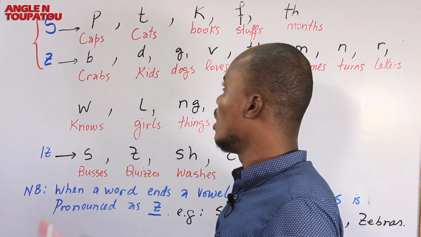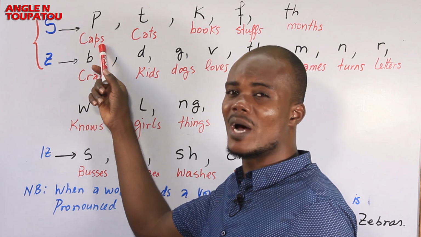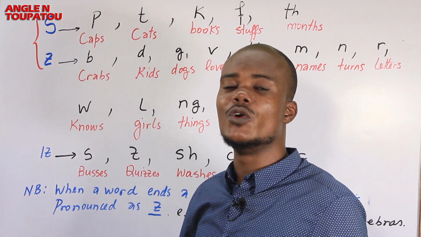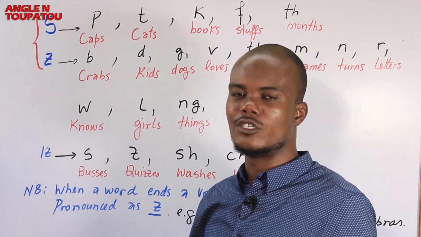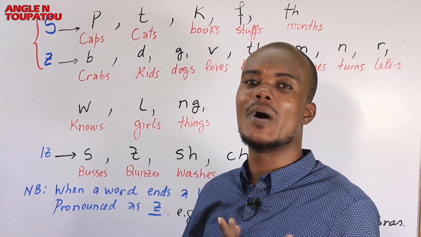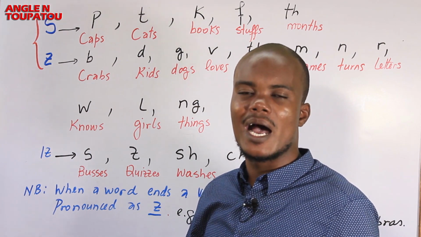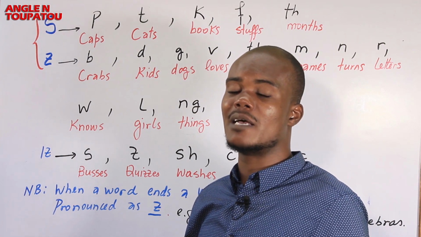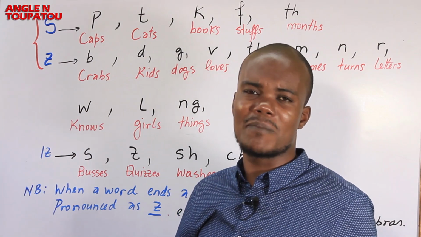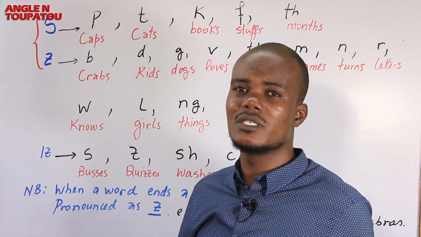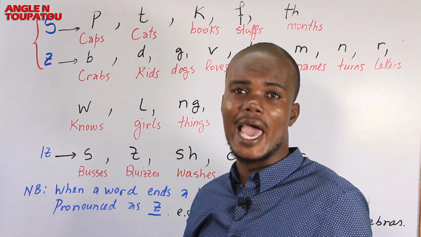For example, I have cap. What sound do you hear? You hear the sound P. Cap. Mais là, on vient ajouter S. Le fait que je son P, avant S là, eh bien S là prononcé comme S. One cap, two caps, ok, cap, caps.